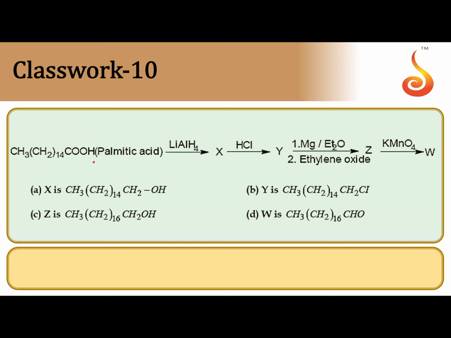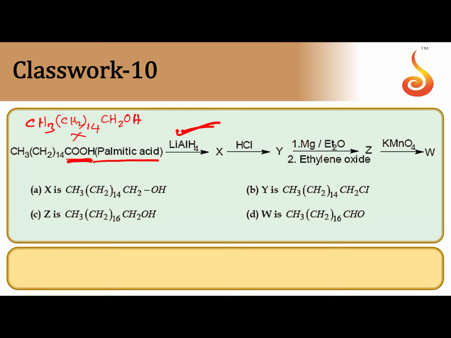Next one, this is given palmitic acid. When it is subjected to reduction, it becomes alcohol. So COOH part only becomes alcohol. CH3(CH2)14CH2OH. COOH part is reduced by LiAlH4 to give CH2OH.